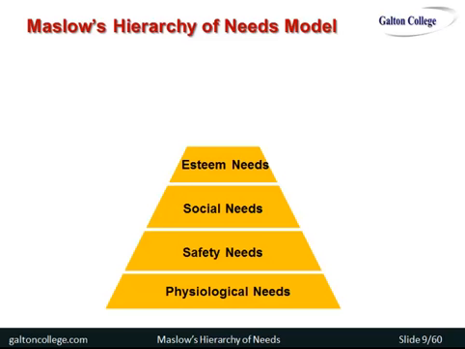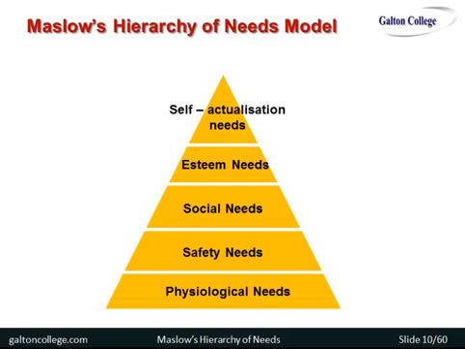We want to be recognized as important individuals or interesting individuals. And right at the top we have this idea of self-actualization. So we have this scale running from physiological right through to self-actualization. And this is the classic way in which we look at Maslow's hierarchy of needs.